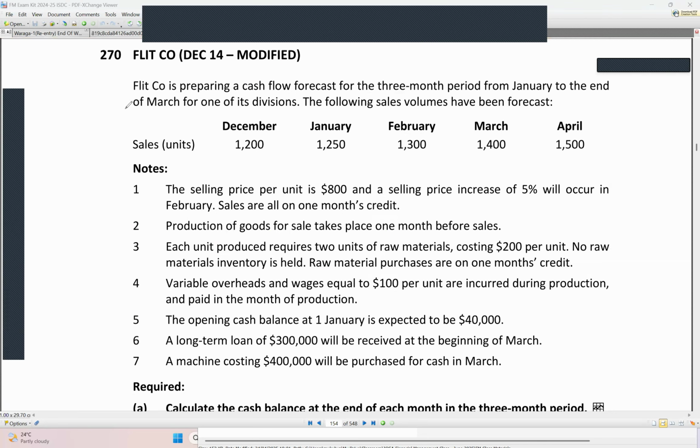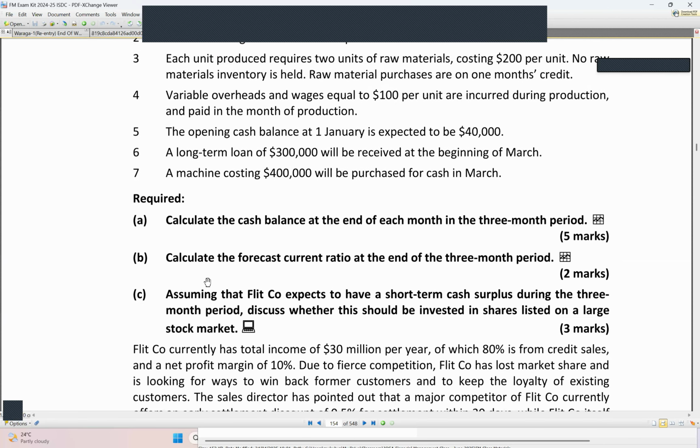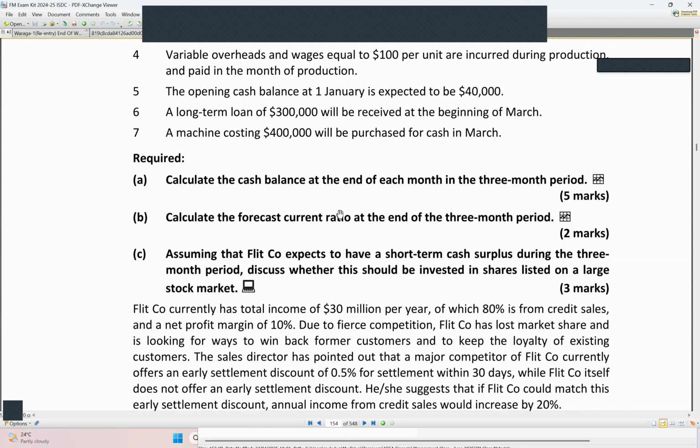Now, this is what they call cash accounting in financial reporting, whereby as opposed to recording receivables and payables and sales and all that, you only record when money gets paid. So we have done that, but then they want us to calculate the forecast current ratio at the end of the 3-month period.